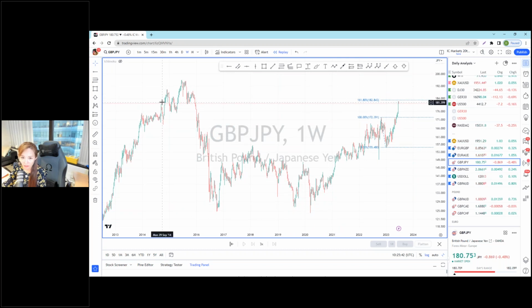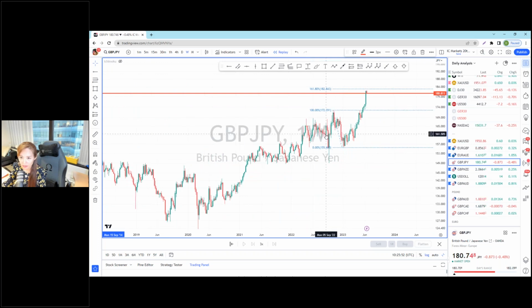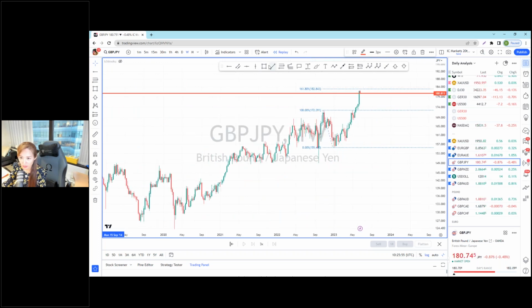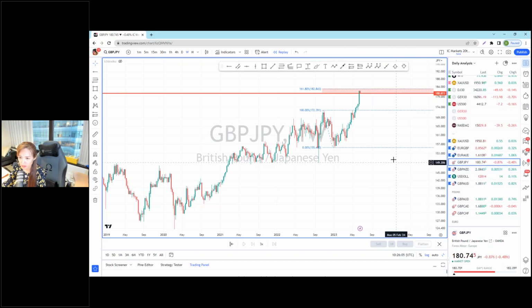You know that this level is somewhere here. Even though price goes up and then comes down, this is the zone that I consider to sell because this is the weekly time frame. So this is a sell zone. This is how you use extension to help you find the level.